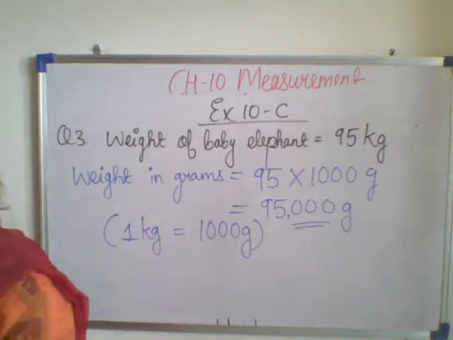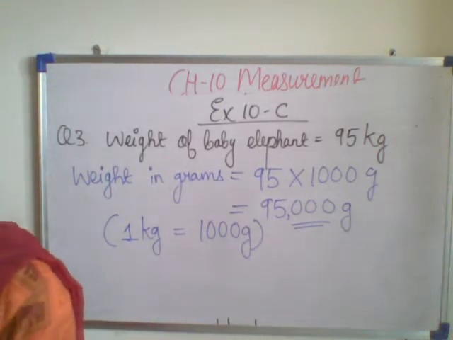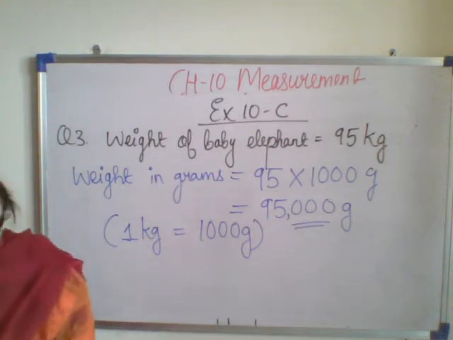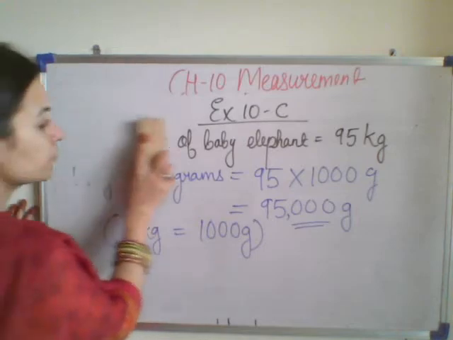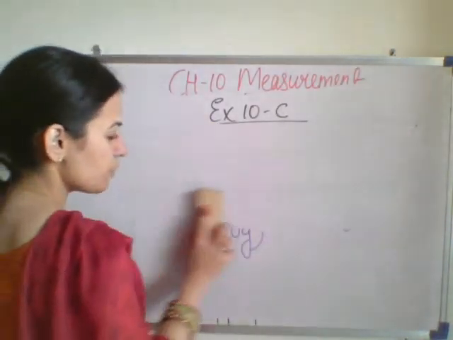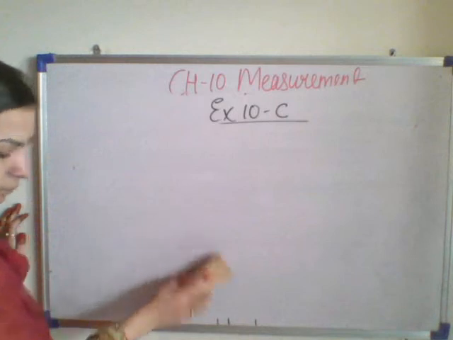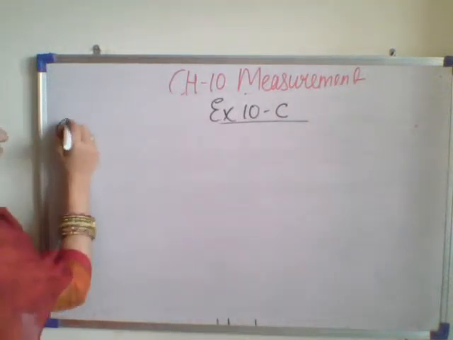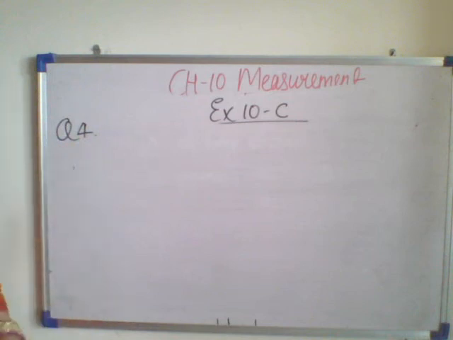Let us do some more word problems. That is question number 4. What is given in question number 4? For Rachna's birthday, a 3250 gram cake was ordered.